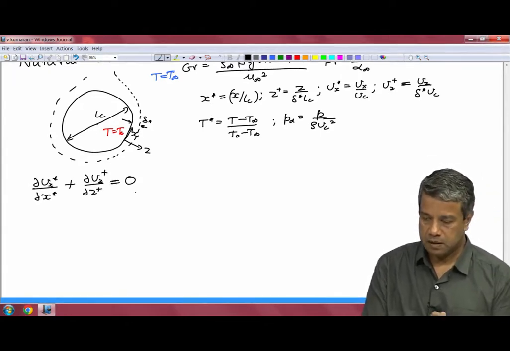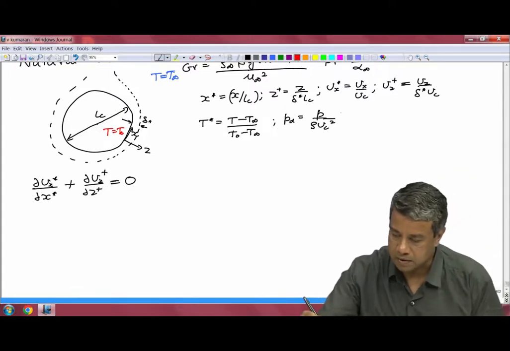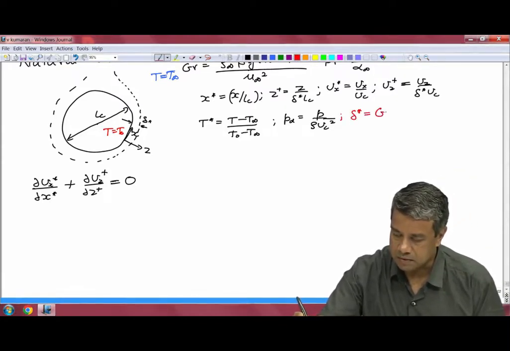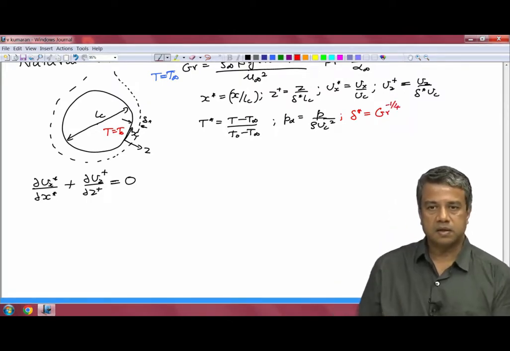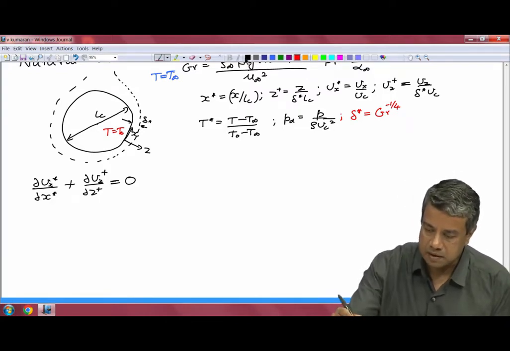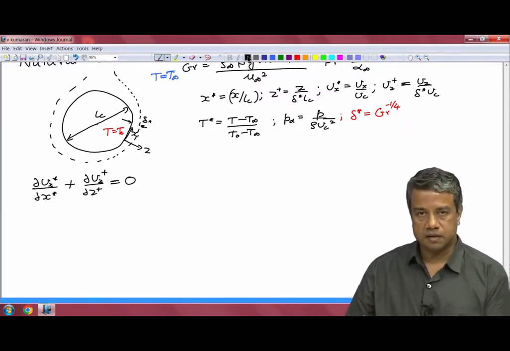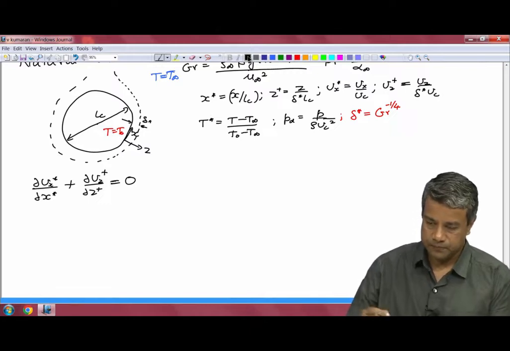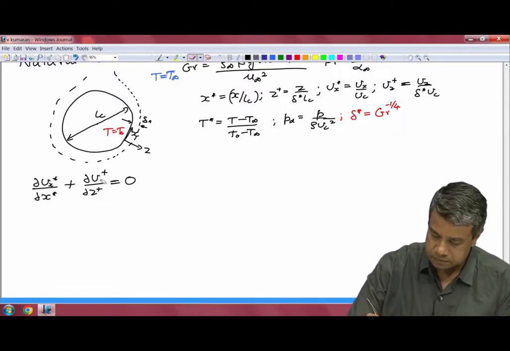Recall that we had got the boundary layer thickness as delta star equal to Grashof number to the minus 1 by 4. This was the scaling required for a balance between convection and diffusion in this boundary layer in the limit as the Grashof number goes to infinity.